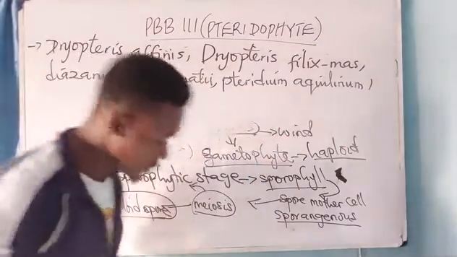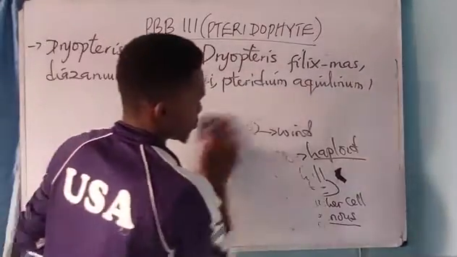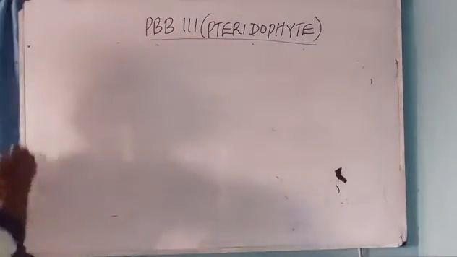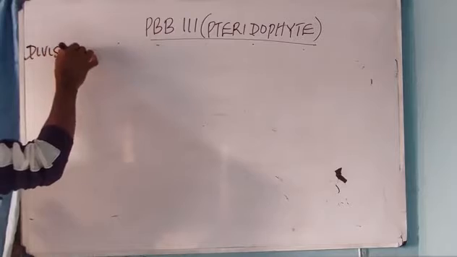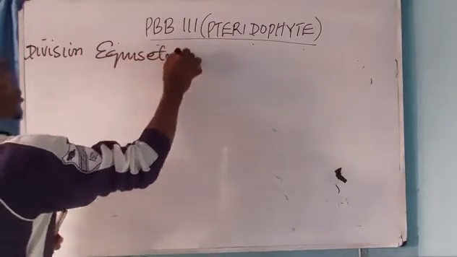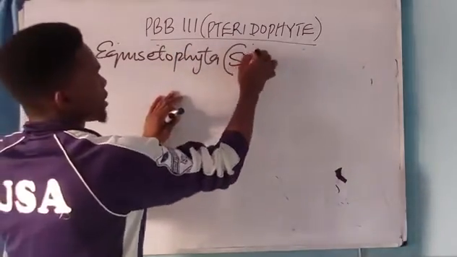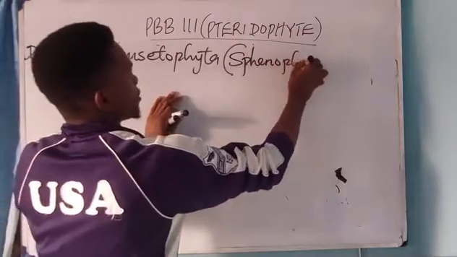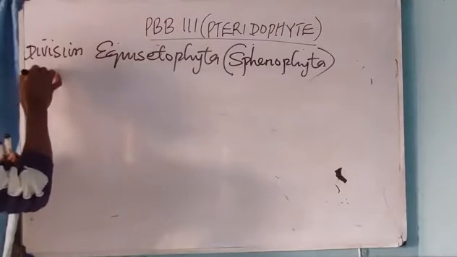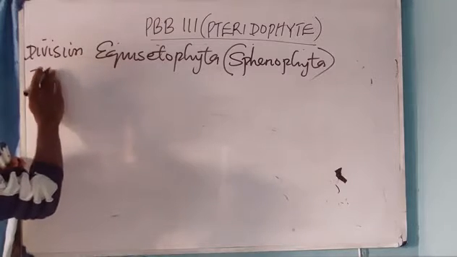Okay, now the last division is division Equisetophyta. This division Equisetophyta is also called what? Sphenophyta. So you have the Coelom.